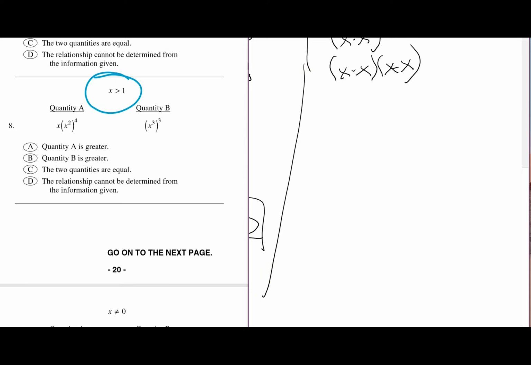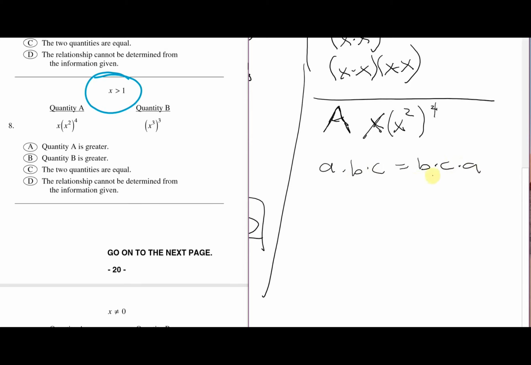So for quantity A, we're given x times x squared to the 4th. So we're actually dealing with definitions 1 and 2. Anytime you multiply numbers, let's say you have a times b times c, this equals b times c times a, which equals c times a times b.